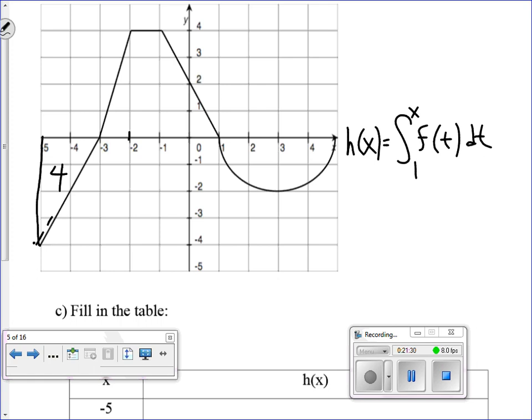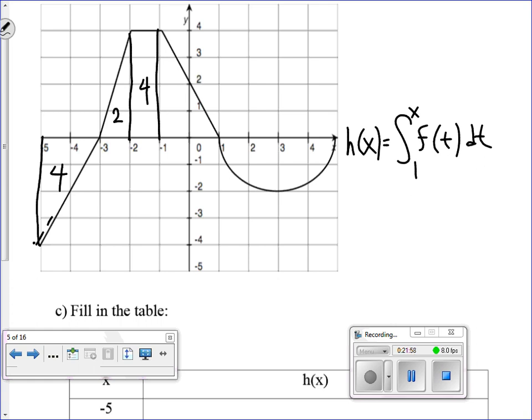Let's get the area of this next region. Between -3 and -2, the area between the graph and the x-axis, 1/2 base, which is 1, times height, 1/2 times 1 times 4 is 2. Let's do this rectangle. You can count them or just say base times height. There's 4.